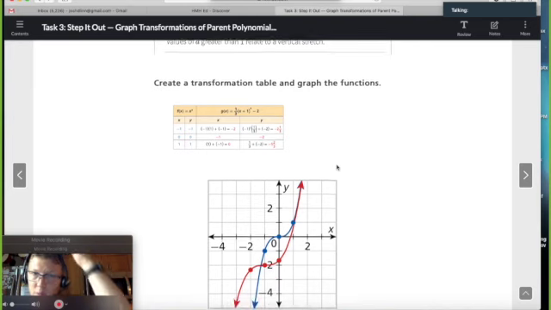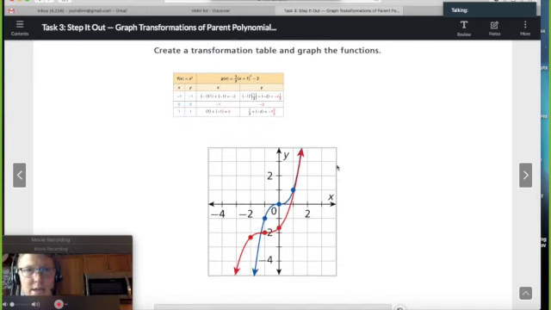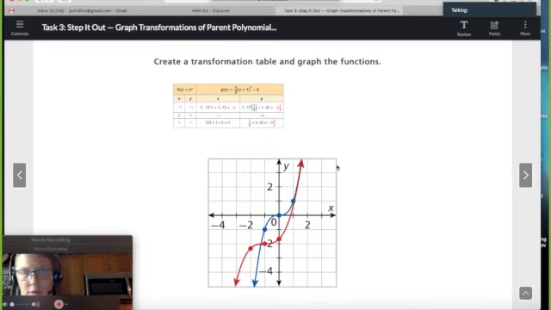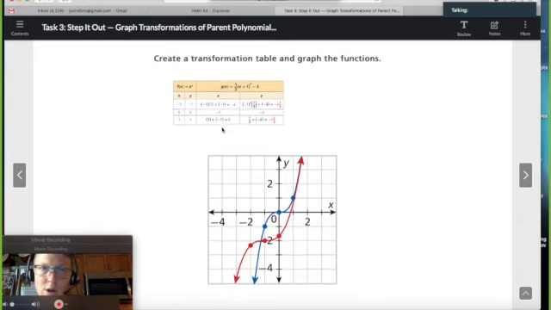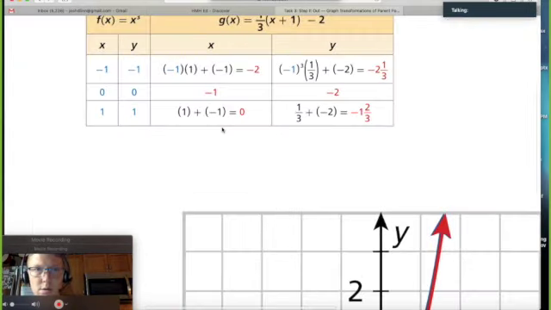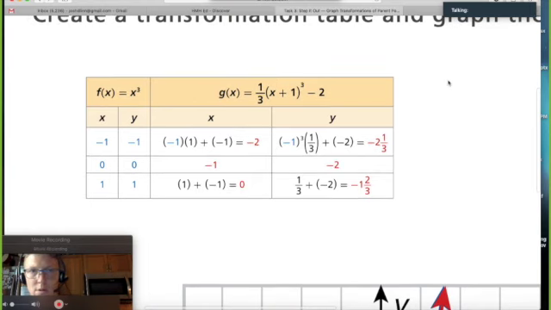So here is what you're going to see in your homework. In order to graph the function, especially with the vertical compressions and horizontal compressions, how much does it compress? It's kind of hard to see. So that's what I had mentioned earlier. You're going to make a chart like this one, where for our parent function, again, you're going to use x equals -1, 0, and 1.